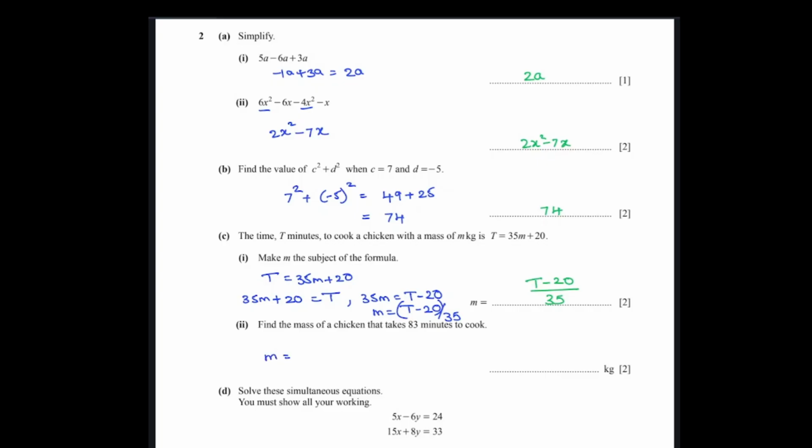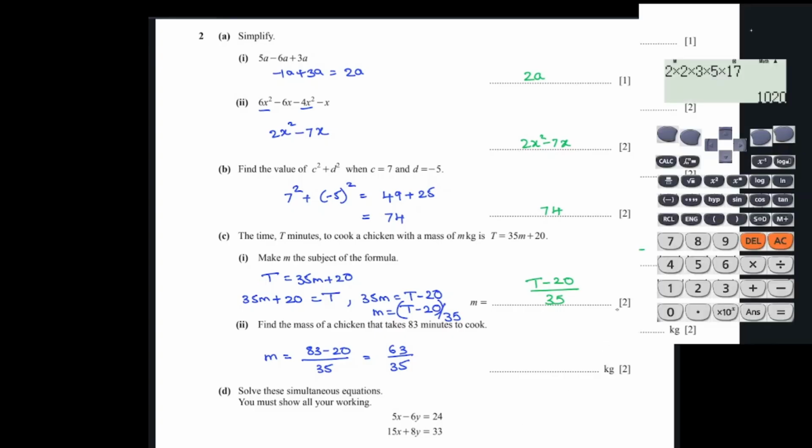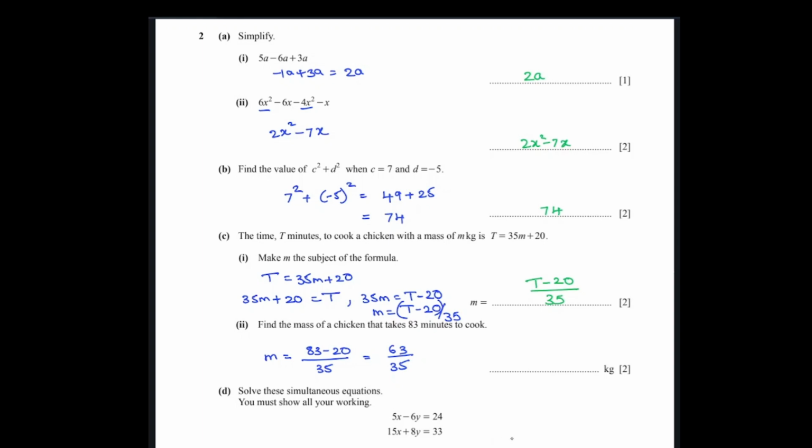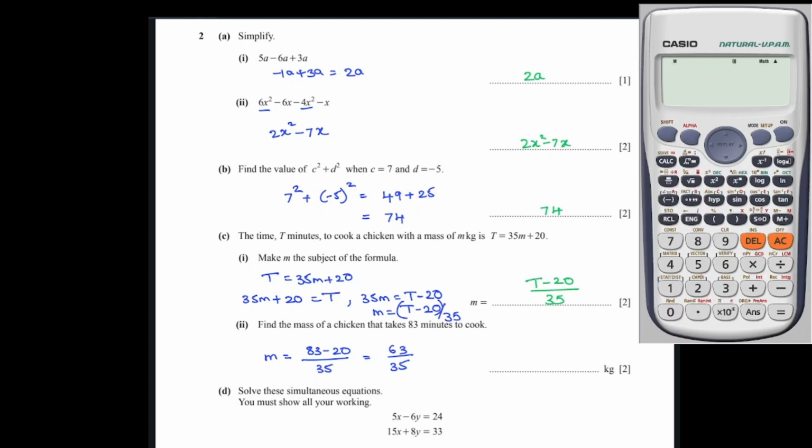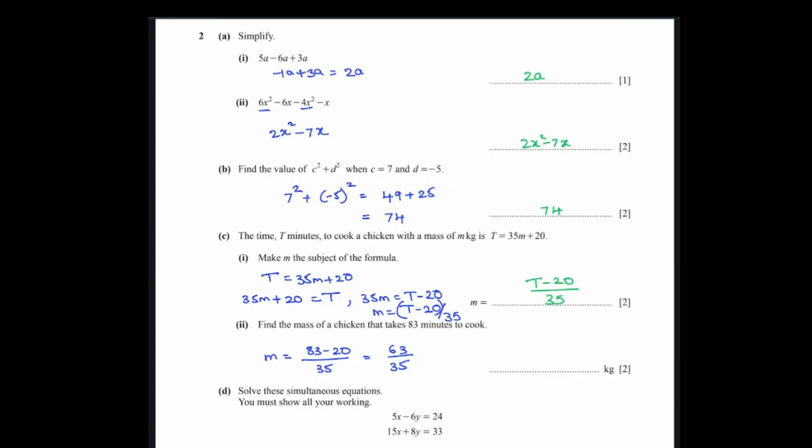So m is equal to, T is 83 minutes, so 83 minus 20 by 35. 83 minus 20 is 63, by 35. 63 divided by 35 is 9 by 5, that is 1.8 kg.